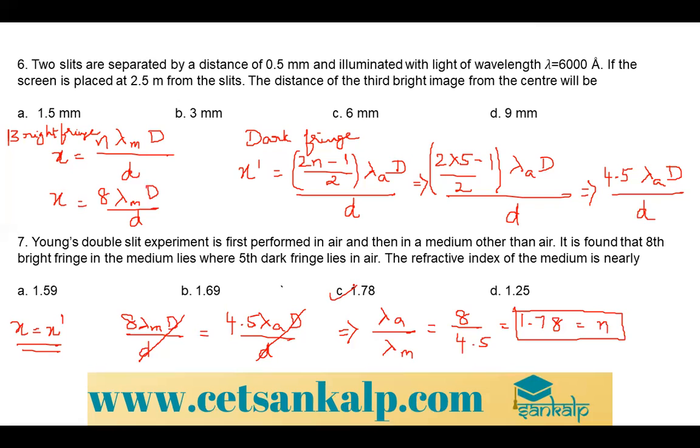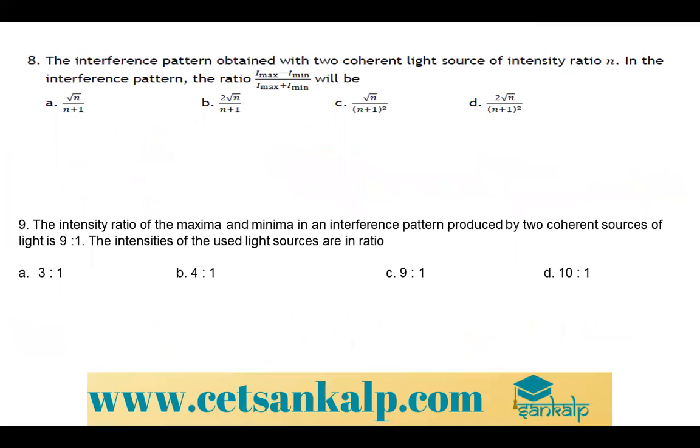It is found that the eighth bright fringe in the medium lies where the fifth dark fringe lies in air. Okay, they are saying both distances are equal. So now, to find the refractive index, refractive index in terms of lambda is based on that we are going to work. Clear? Okay, the next problem.